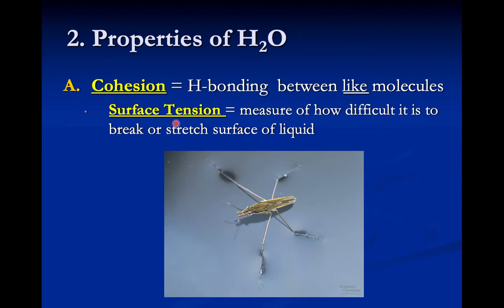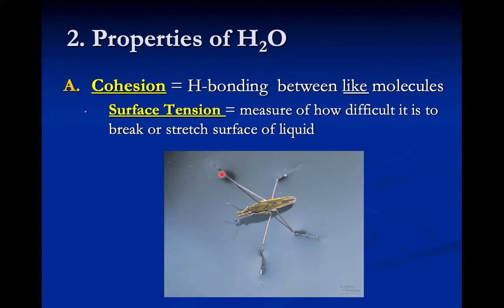But cohesion causes some really cool stuff that you might have seen around you. It causes water's high surface tension. Surface tension is how hard it is to break the surface of a liquid. If a liquid likes to hang out with itself, it's going to be hard to insert yourself into it.